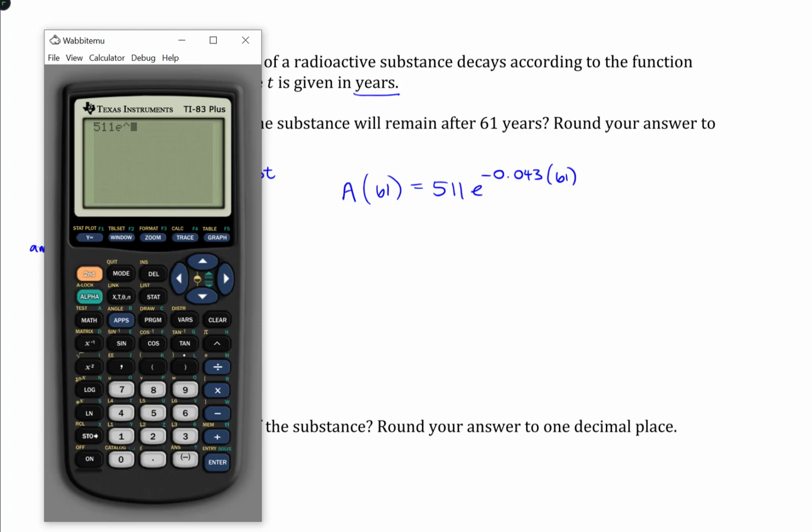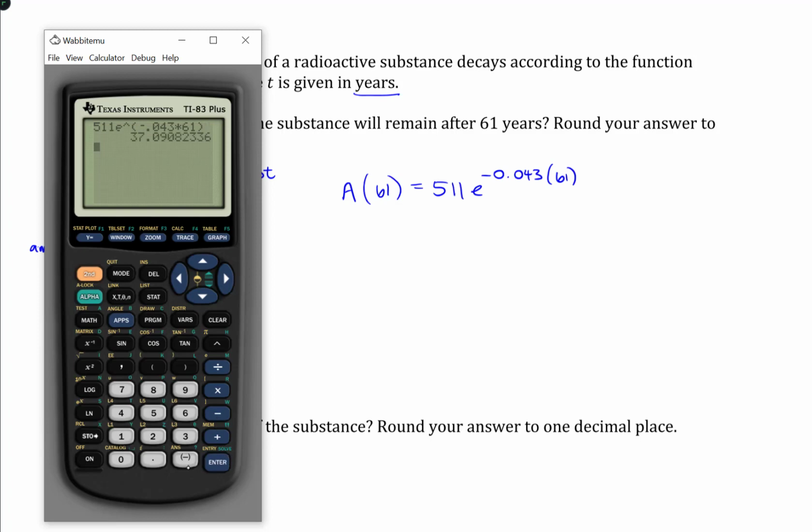And e, of course, is just the base of the natural logarithm, so it's a number like 2.718. But the calculator knows that to a lot of decimals, so just let it do that. And then we're raising that to the negative 0.043 times 61. Make sure you use a negative sign instead of a minus, because the calculator differentiates the two.